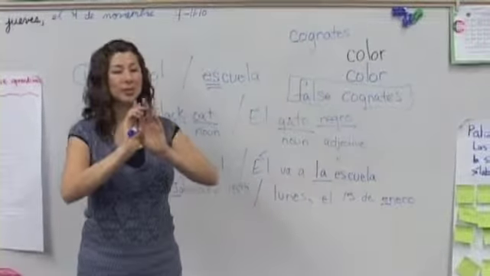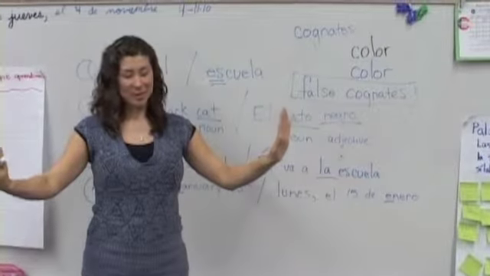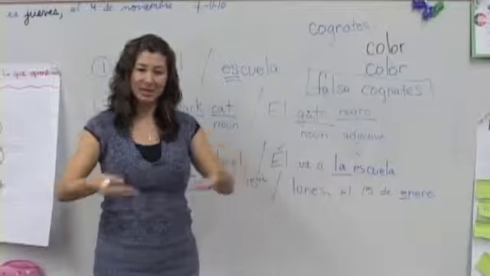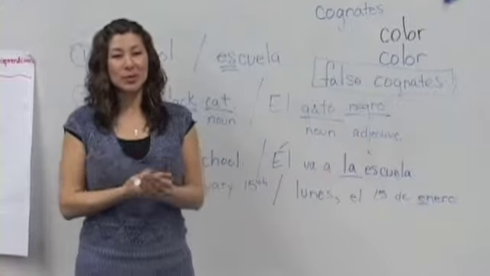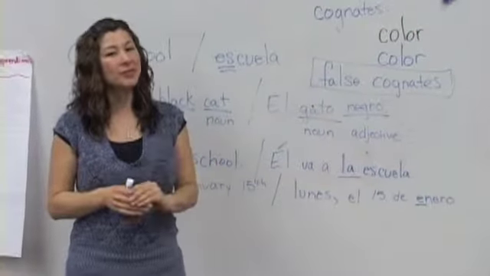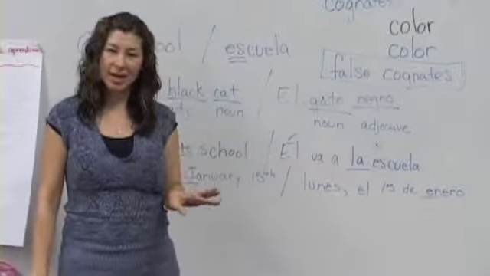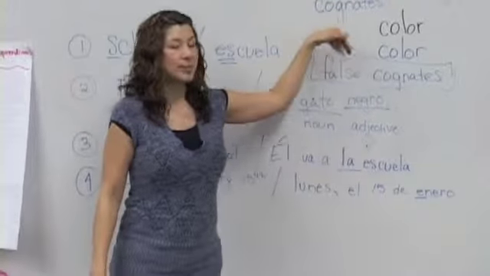Those don't mean the same thing at all. Embarrassed, of course you know the meaning, and then embarazada is to be pregnant. So let them know that sometimes, not very often, there are false cognates, so it is not the right meaning. But the majority of the time, cognates in English and Spanish are the same.